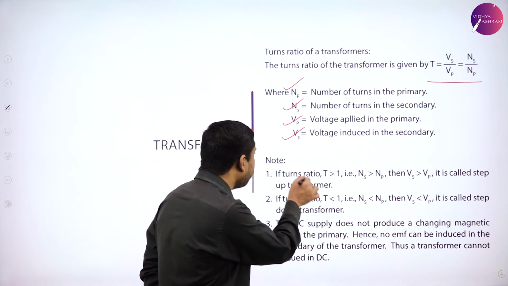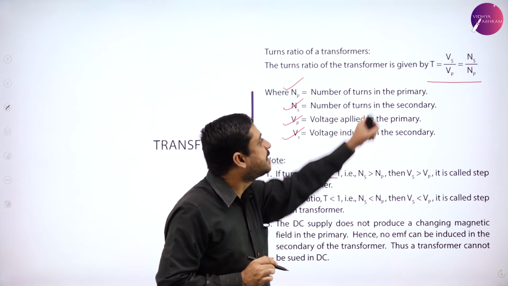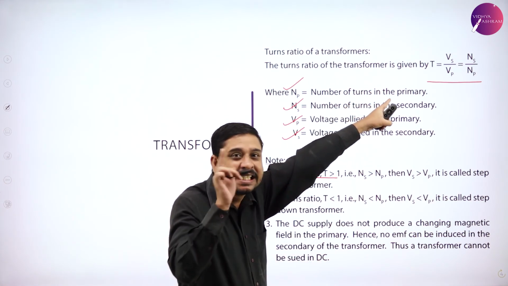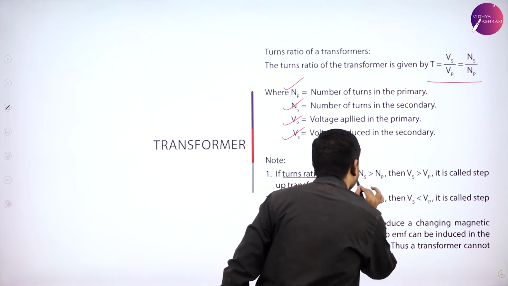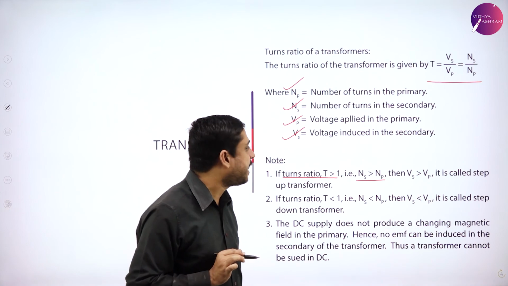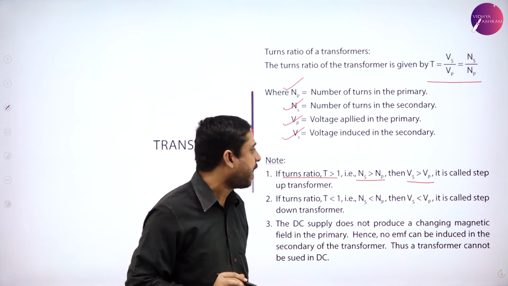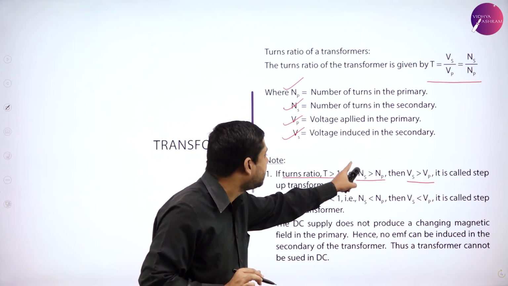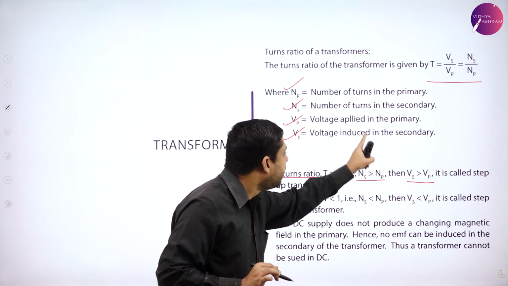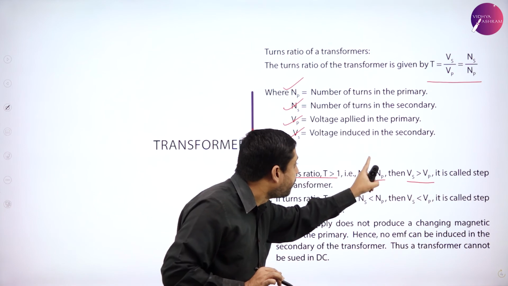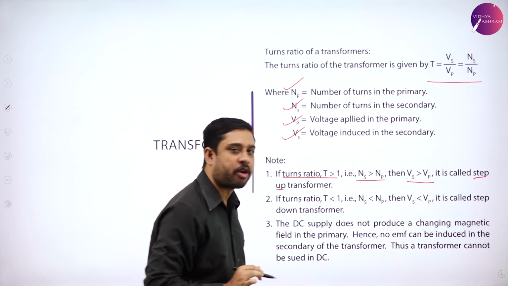Now, if the turns ratio is greater than 1, when will T be greater than 1? If Ns is greater than Np, or Vs is greater than Vp, that is, the number of turns in the secondary coil is greater than the number of turns in the primary coil, it is called a step-up transformer.